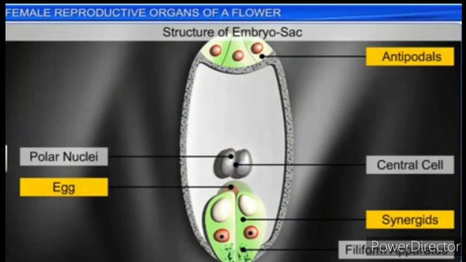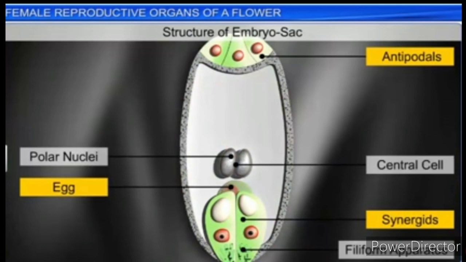The egg apparatus contains 2 synergids and one egg cell. From both sides, out of the 4 nuclei, one moves to the center to form the polar nuclei, and the 2 nuclei are considered as one cell. So chalazal region 3 cells, micropylar region 3 cells, and the central cell contains 2 nuclei. So they are called 7-celled and 8-nucleate.